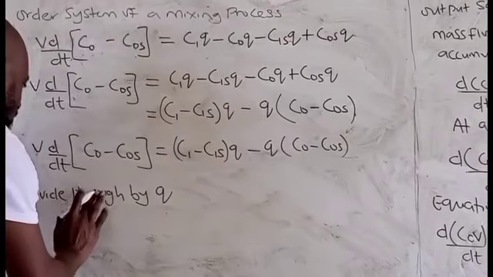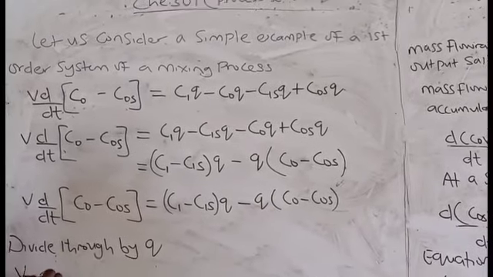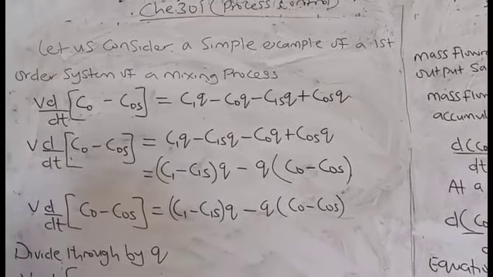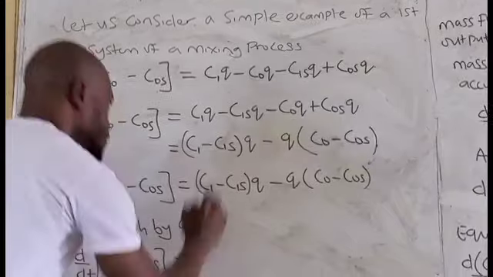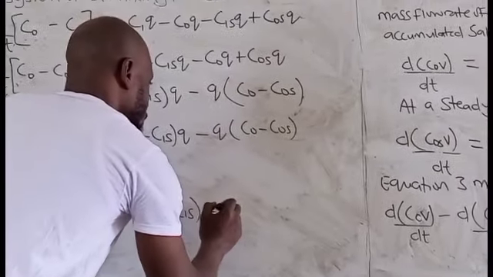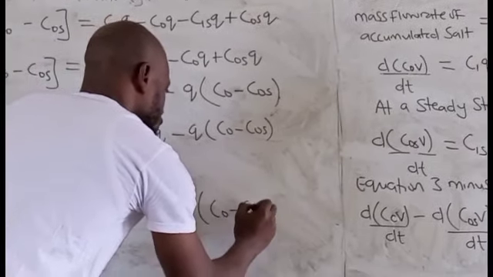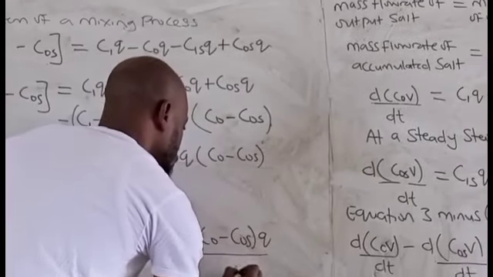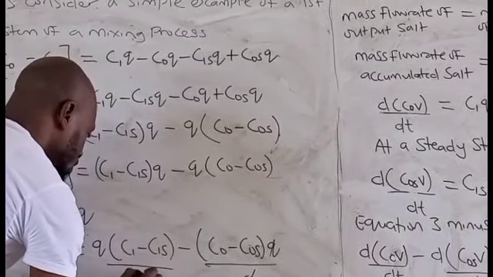Q. If I divide by Q, I'm going to have V over Q d over dt, then into CO minus COS, equal to Q into C1 minus C1S, minus bracket CO minus COS times Q. So this Q will cancel this Q, because I'm dividing all through by Q.